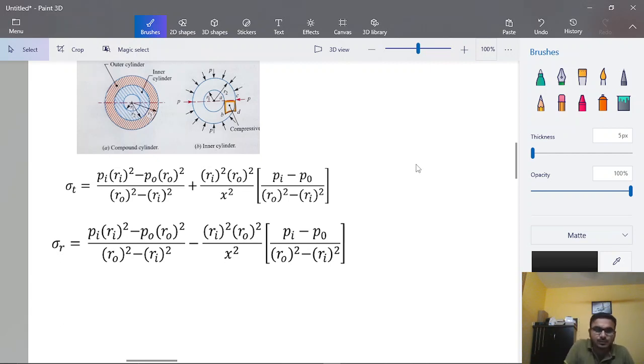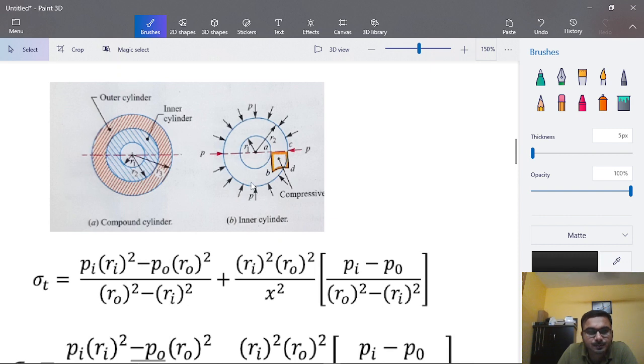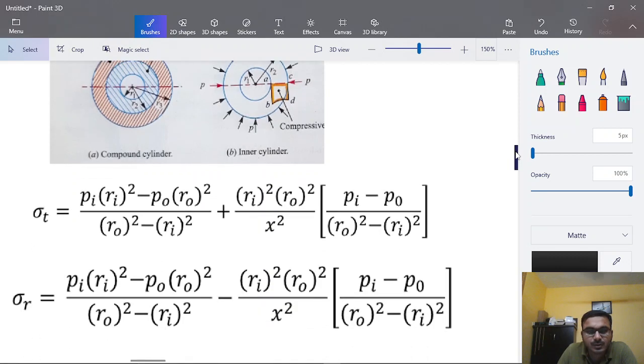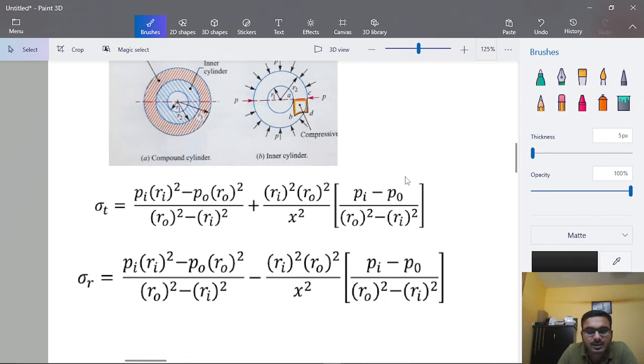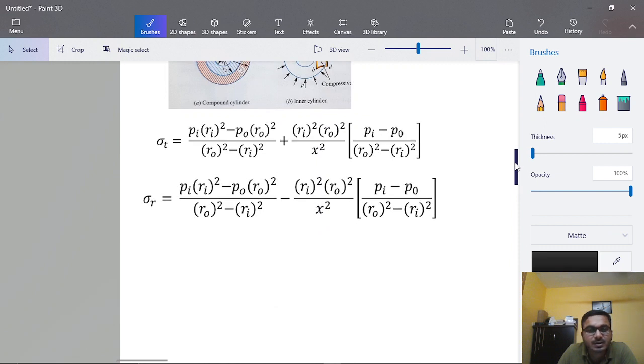Now first of all we are focusing only on the inner cylinder. For the inner cylinder, the contact pressure will behave as an external pressure at the radius R2. So the inner cylinder will only feel the external pressure P, which is nothing but the contact pressure.